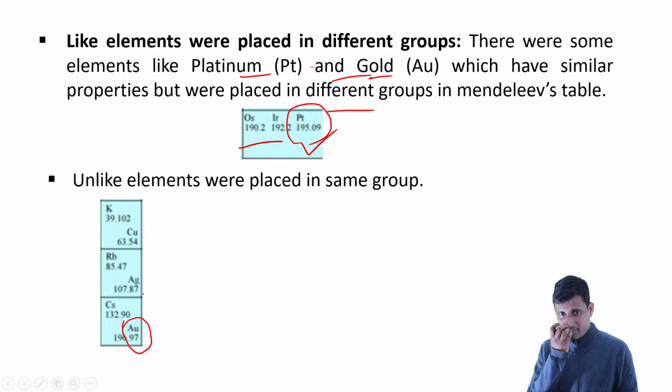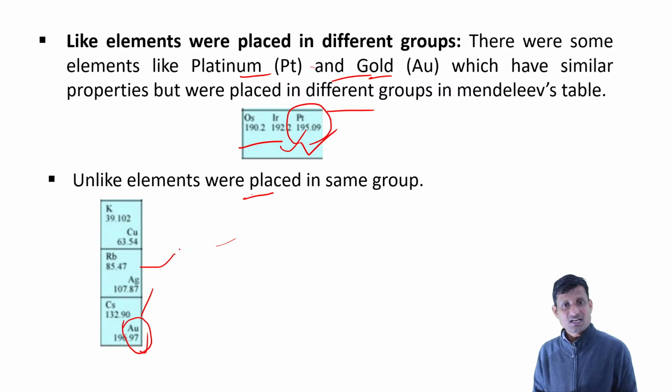So even though platinum and gold have pretty similar properties, one was placed in group 8 and the other in group 1B. In other words, even though gold has very different properties from the alkali metals, it was still kept in the same group.